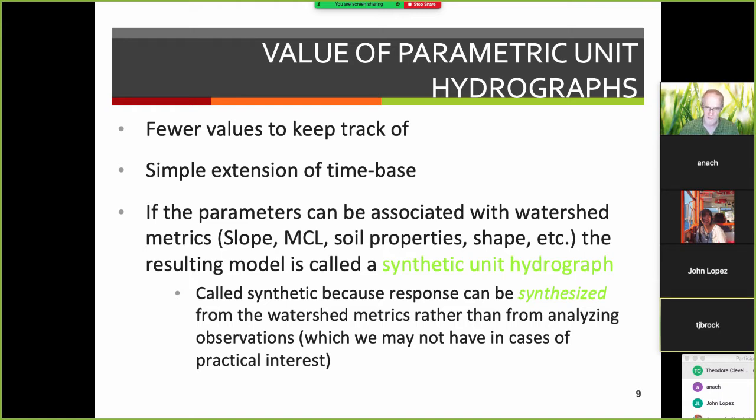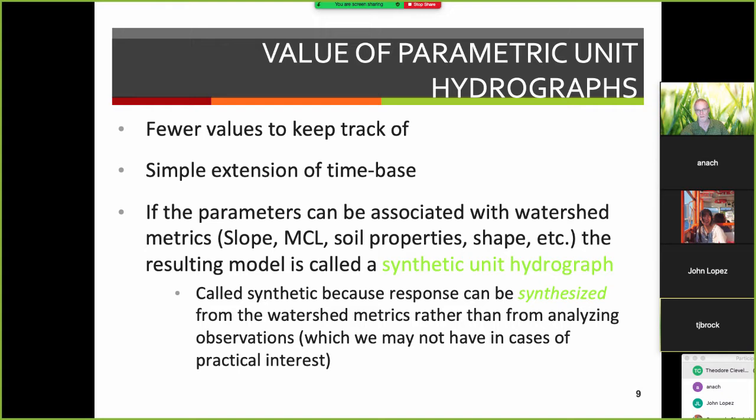When we can associate those parameters, the K, the T bar, N, and so forth, to watershed metrics such as the slope, the main channel length, soil properties, some shape of the watershed, whether it's fan-shaped or long, slender, the resulting model is called the synthetic unit hydrograph.